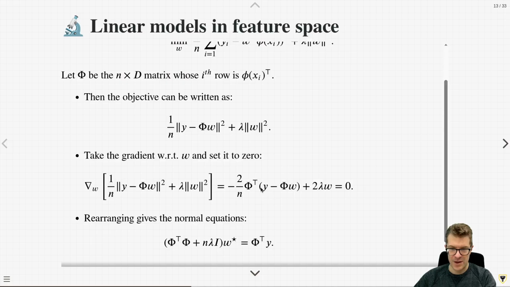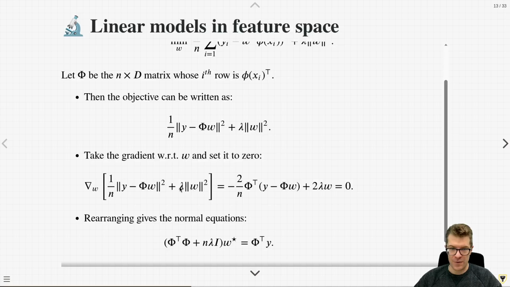This gives us y times minus big phi w. The big phi also comes out, and we take the derivative of these terms with regards to w. This is really just preliminary calculus. We don't necessarily need it right now, but I'm just walking through some steps in case it's unfamiliar to you.